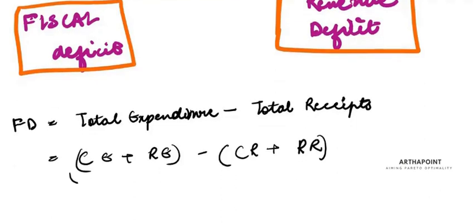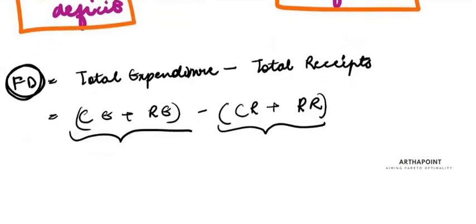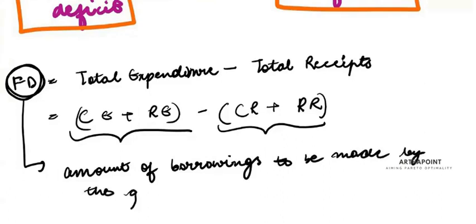So when I add all kinds of expenditure of the government, and when I add all kinds of receipts of the government, then I come to the point of fiscal deficit. So the fiscal deficit of any government indicates the amount of borrowings to be made by the government in any particular year.